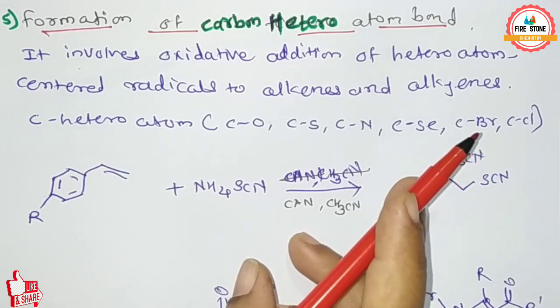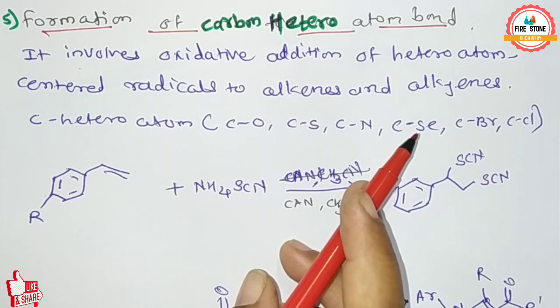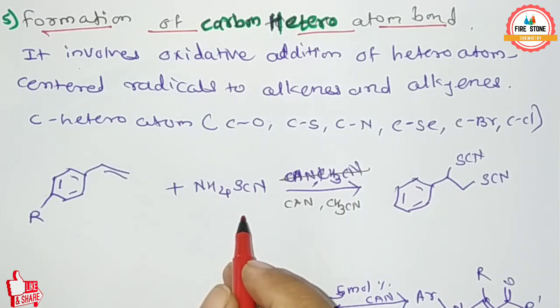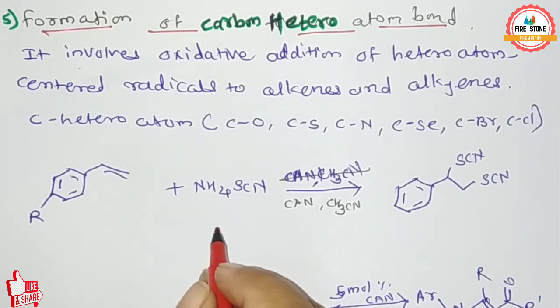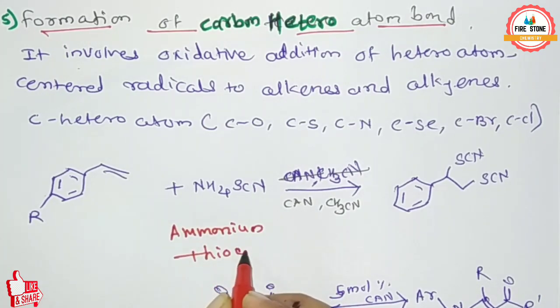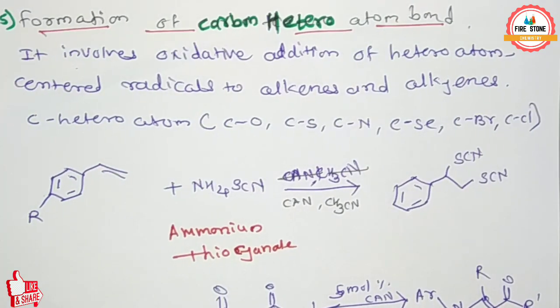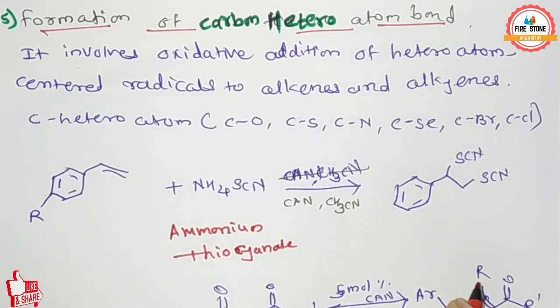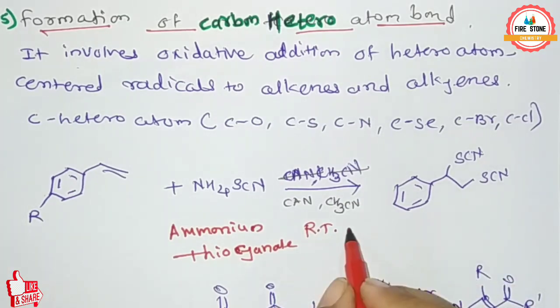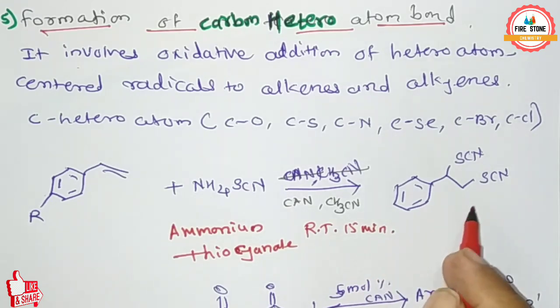Here is a substituted styrene reacted with NH4SCN, that is ammonium thiocyanate, in presence of CAN, and we get the product dithiocyanate, in presence of CH3CN at room temperature for 15 minutes.